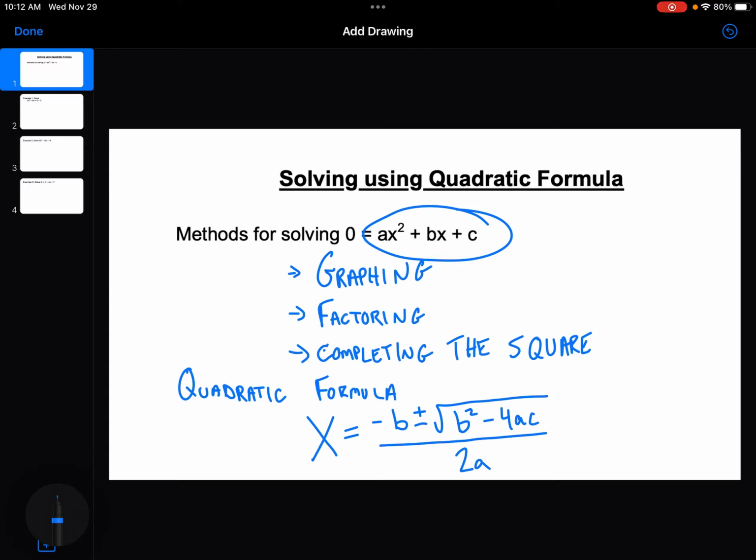When we put the square root in, we have to assume that it could be positive or negative. We do this when we can't factor a question. If we're stuck on factoring for 2 or 3 minutes, or we look at it and know it doesn't factor, this should be your next method. You should use the quadratic formula.